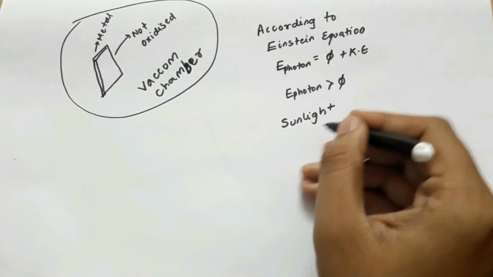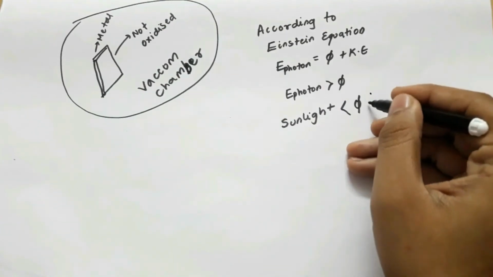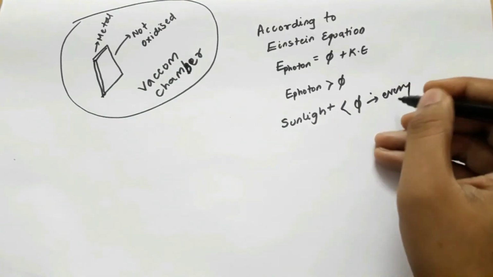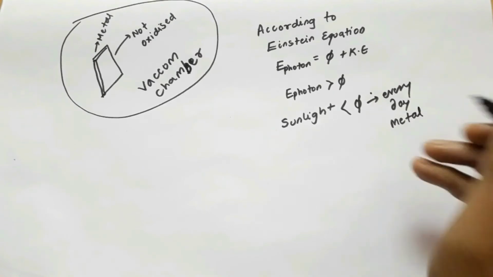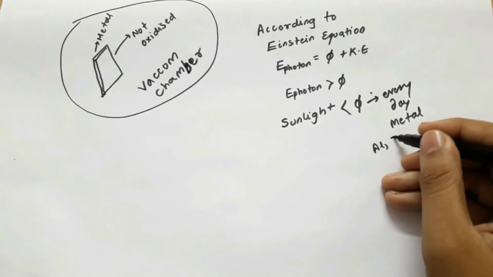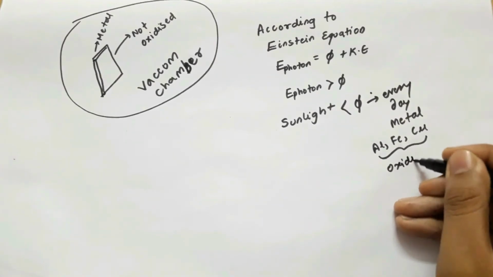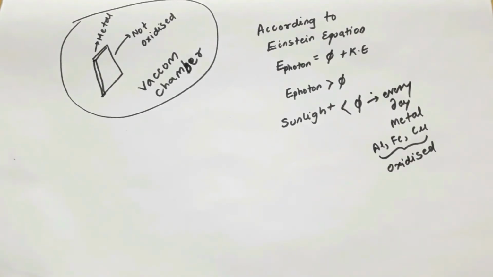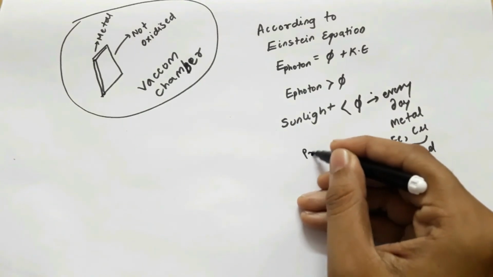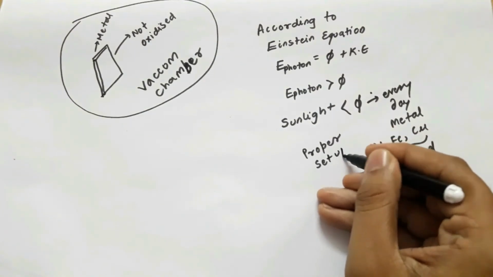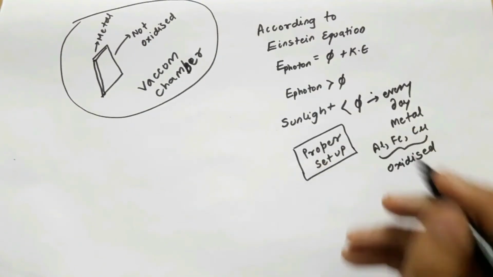But the energy of sunlight is less than the work function of metals we use every day, such as aluminium, copper or any other metal, and these metal surfaces are already oxidized due to atmospheric exposure, and a proper setup is needed in order to observe the photoelectric effect.